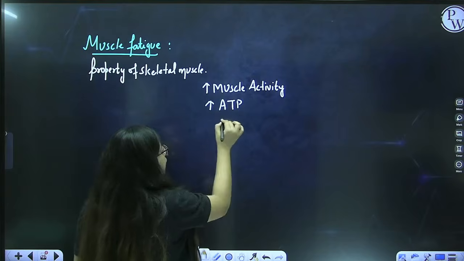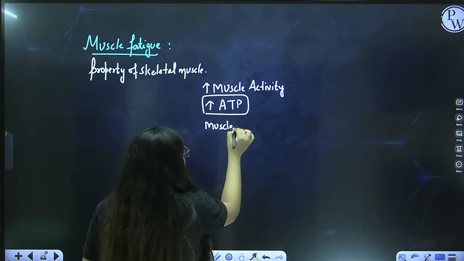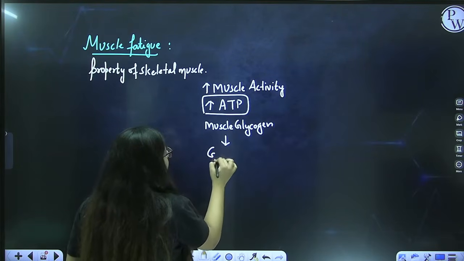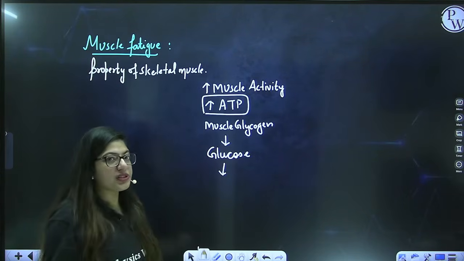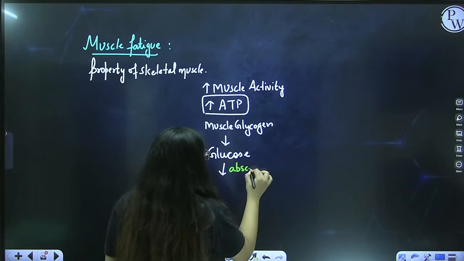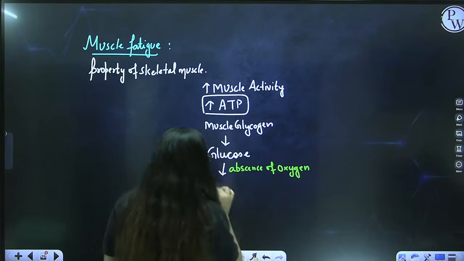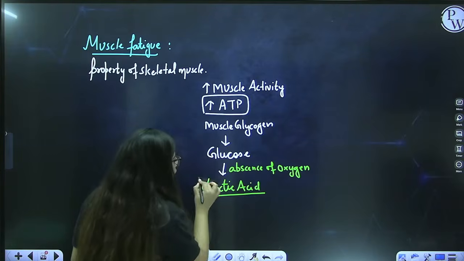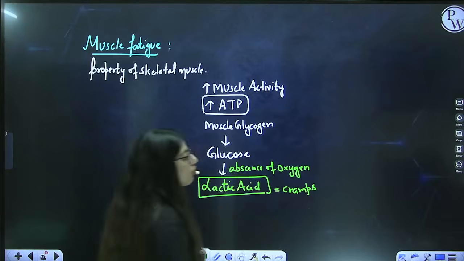When we need more ATP, our muscle glycogen will start to break, and it will form glucose. This glucose, in the absence of oxygen, because at this point the oxygen is also less, will get converted into lactic acid. When lactic acid accumulates, it gives you cramps in the muscles, and you're not able to move your muscles.